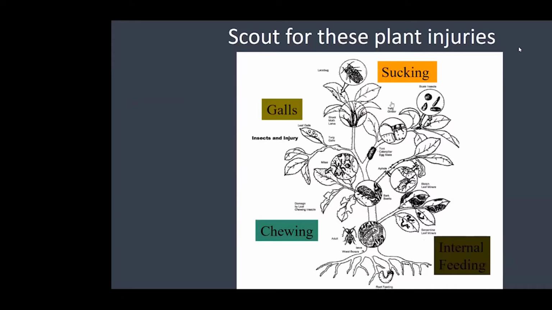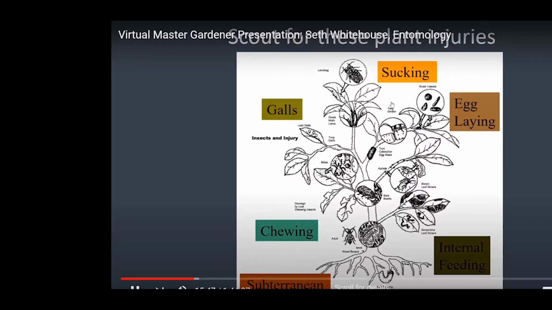Galls, so maybe the plant is in response to stress, so it's going to be producing galls saying, hey, there's an insect on me. It's telling the master gardener, hey, we got insects here. Subterranean, maybe we have a root feeding white grub of some sort. Egg laying, back to that subterranean one, the Japanese beetle is one that comes to mind big time, as far as, maybe from the lawn to our garden, it's chewing down at the root of our plants. And then, of course, egg laying as well.